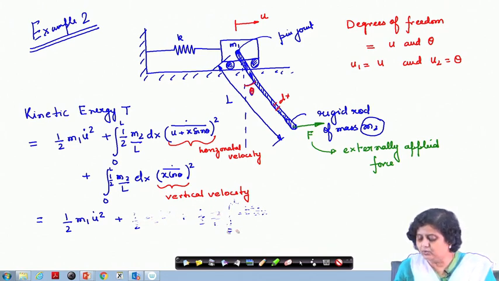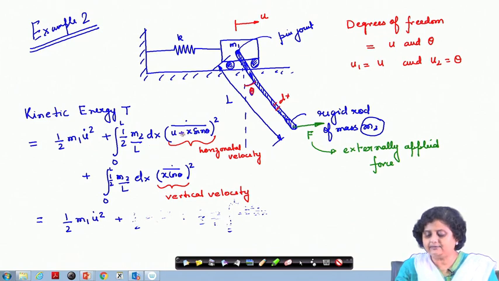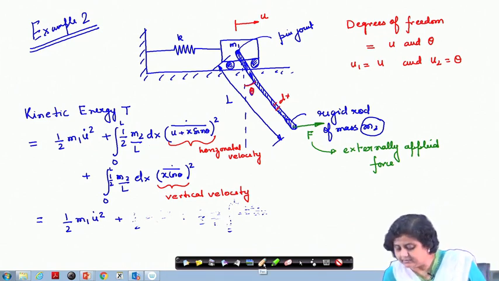What I am trying to do is to combine these two and write it in a simpler form.